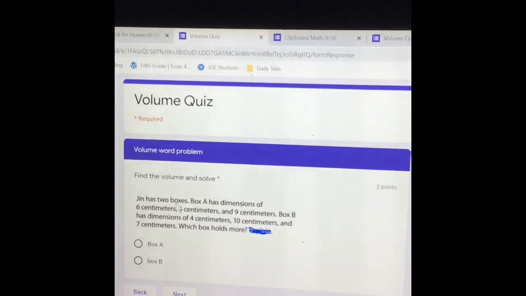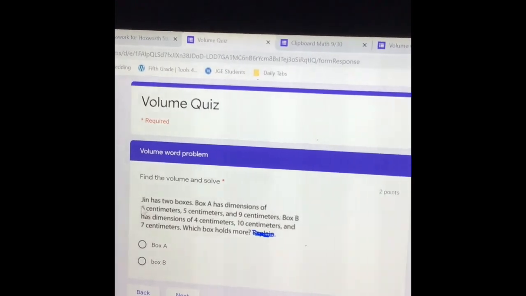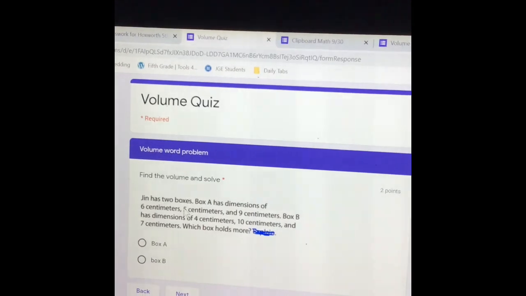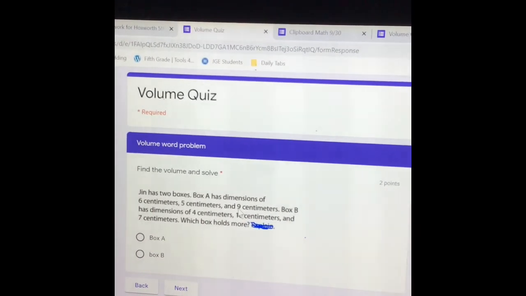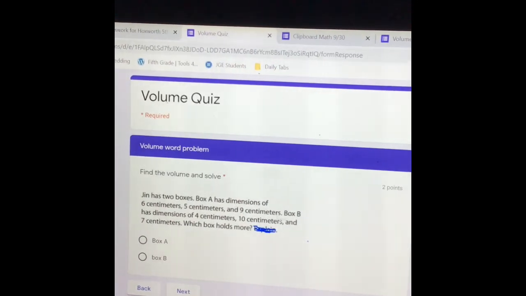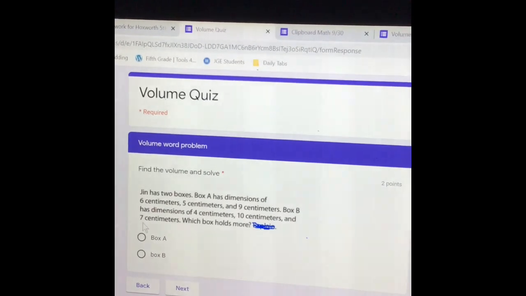Jen has 2 boxes. Box A has the dimensions of a 6 by 5 by 9. So go ahead and solve for box A. Box B has the dimensions of a 4 by 10 by 7.